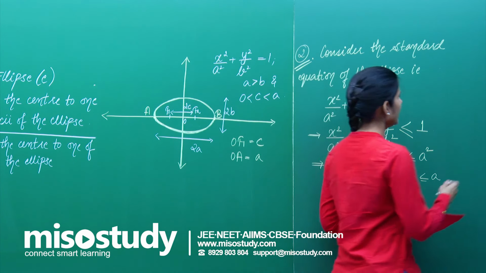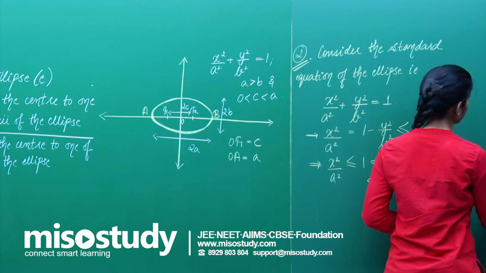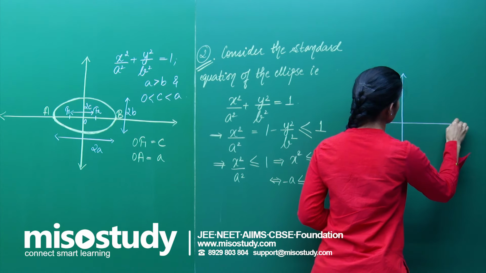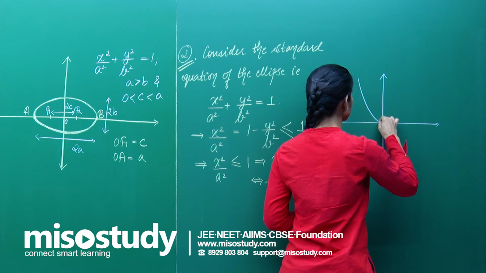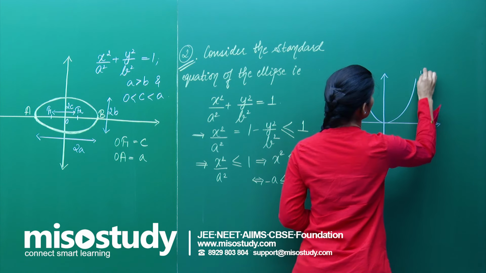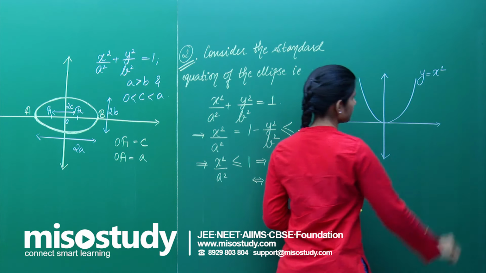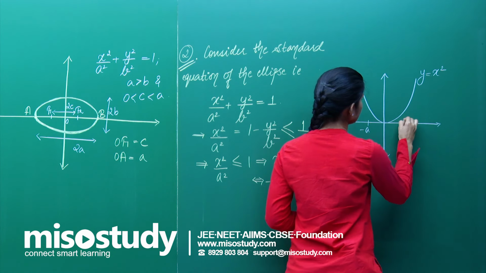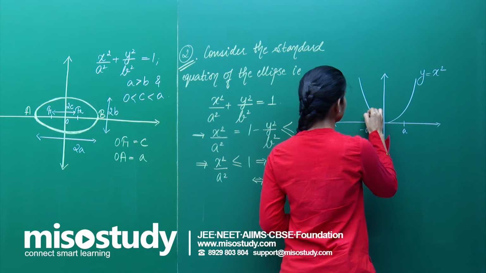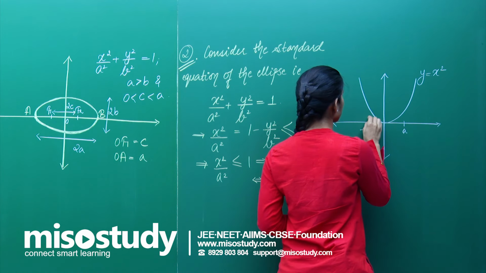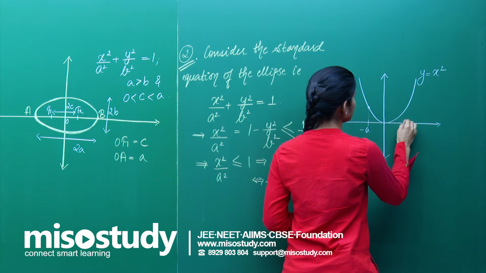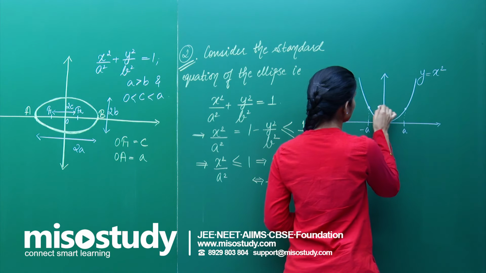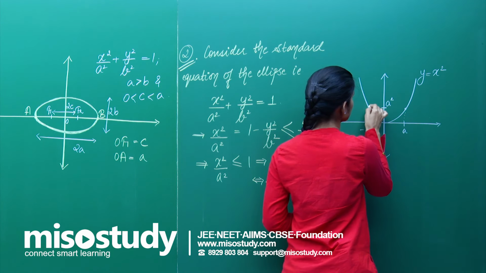You can also understand that from the graph of the square function. That's the graph of the square function. Say this is minus a, say this is a. I know that this point is representing a square.